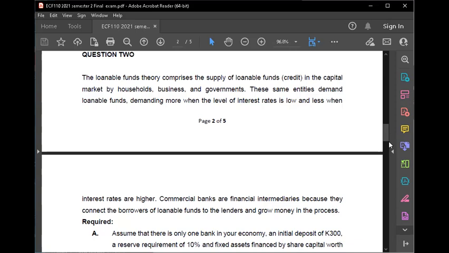These same entities demand loanable funds, demanding more when the level of interest rate is low and less when interest rates are higher. Commercial banks are financial intermediaries because they connect borrowers of loanable funds to lenders who grow money in the process.